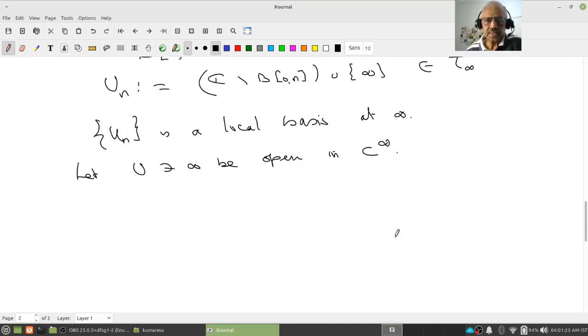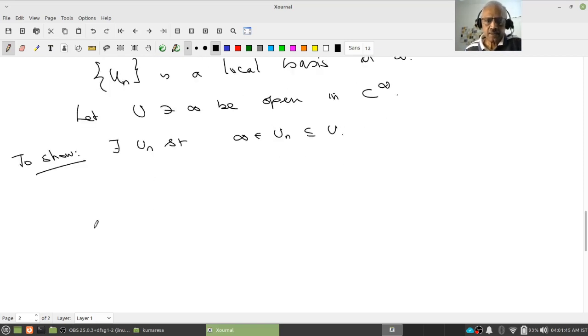Then I want to say there exists a Un such that infinity of course belongs to Un and it is contained in U. This is what we want to prove. That is very easy. Suppose U is open, then U is of the form B union infinity and K is C complement B.